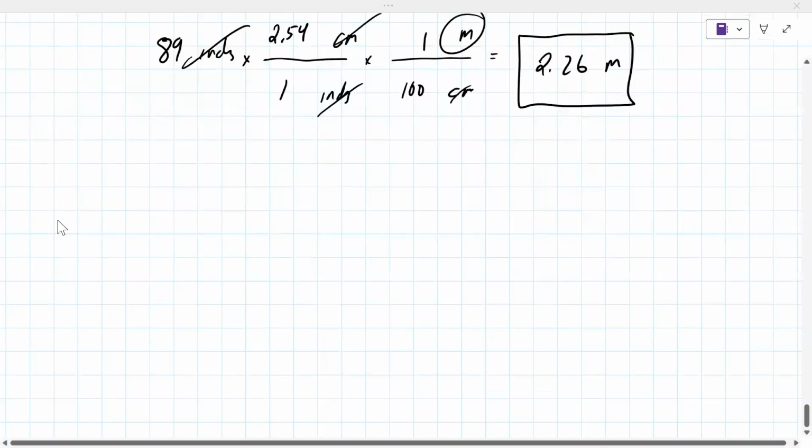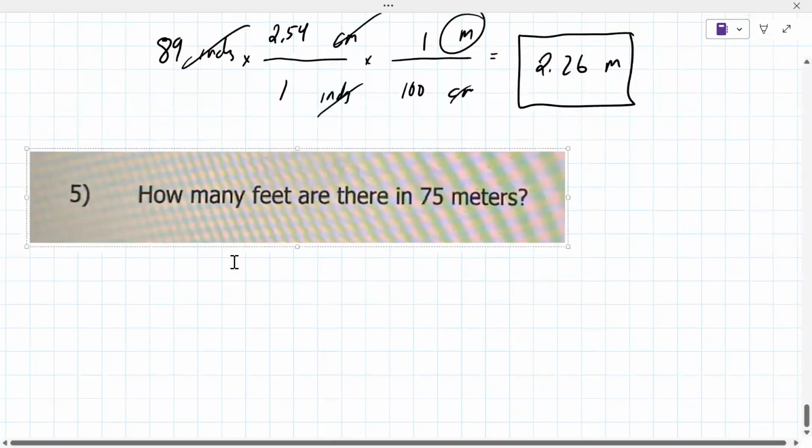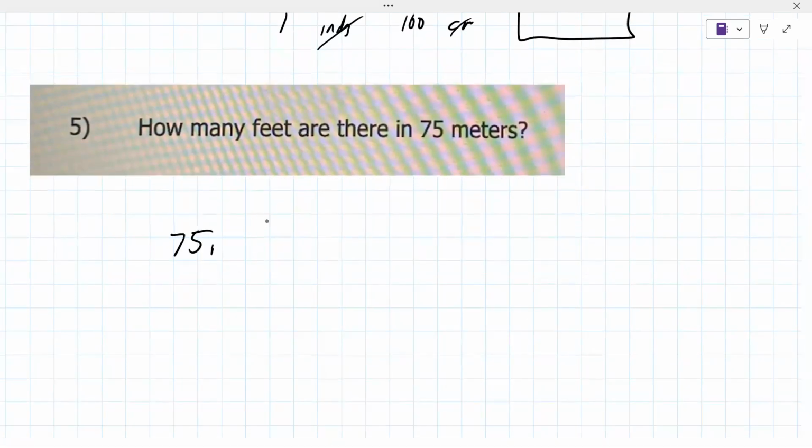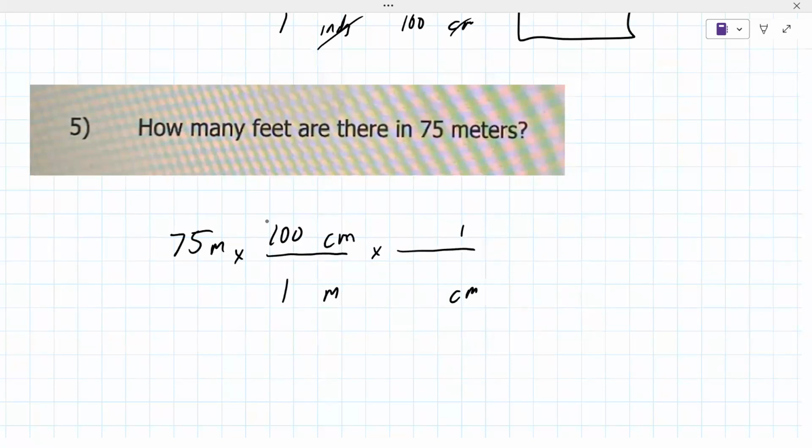That's number 5. How many feet are there in 75 meters? You start with the given quantity. So we go meters to centimeters, and then we can use the previous conversion, centimeters to inches.